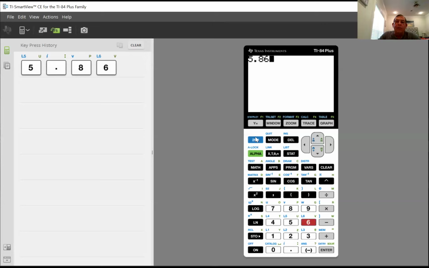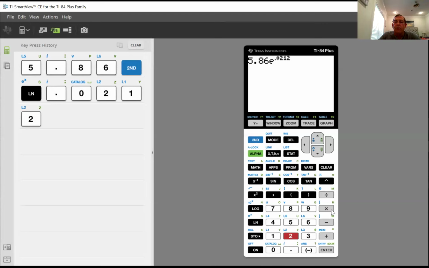Now I'm going to use the second ln to get the E with the exponent. And then I'll put in my 0.0212 times 6 years. All right, so remember, we're wanting to estimate this to 1 decimal place. So let me hit enter and see what we get. So y'all, 1 decimal place would be like 6.6, but since it's got a 5 after it, I'm going to round that to a 6.7.